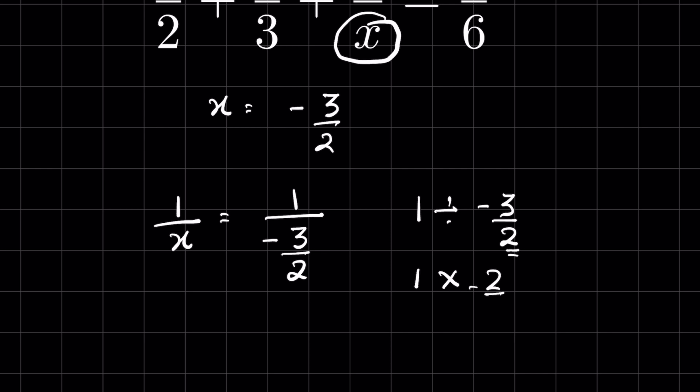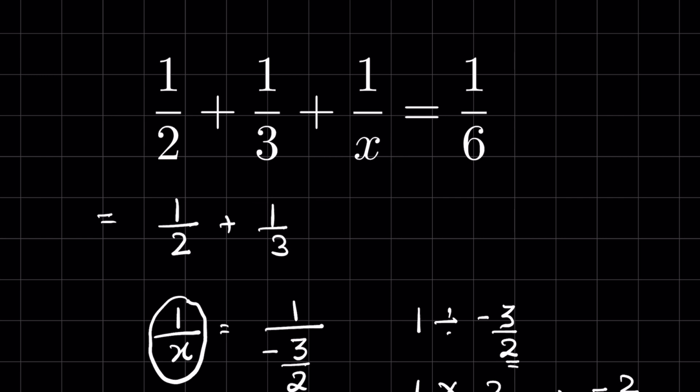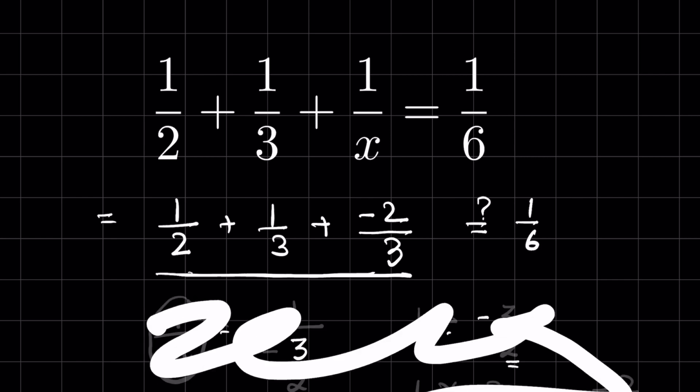So it will be 1 multiplied by minus 2 upon 3, or it will be minus 2 upon 3. So instead of 1 upon x, we can write here 1 upon 2 plus 1 upon 3 plus minus 2 upon 3. Now we have to check whether LHS is equal to RHS, 1 upon 6.